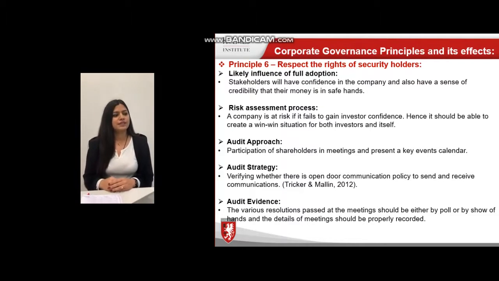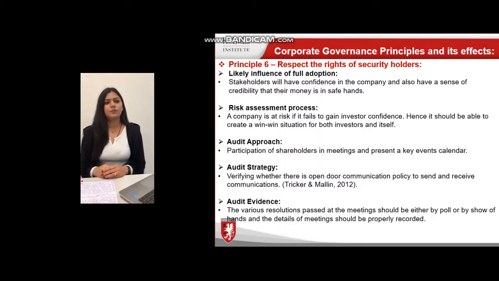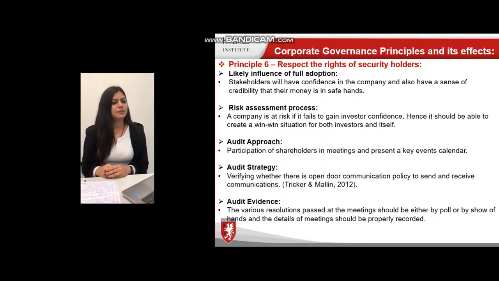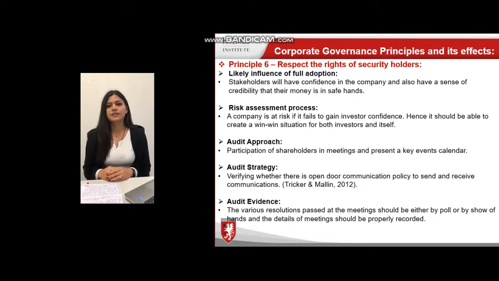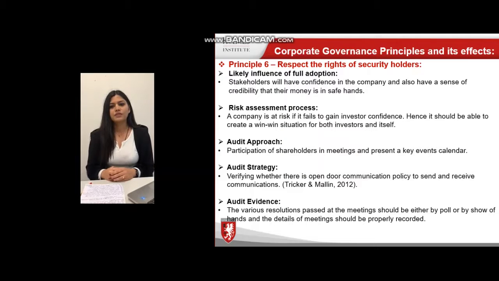I'll be dealing with the 6th and 7th principles of corporate governance, and the 6th one is respect the rights of security holders. The security holders should be provided the appropriate information and facilities to effectively exercise their rights. In adoption of this principle, stakeholders will have confidence in the company that their money is in safe hands. The risk assessment process for this principle is that a company should be able to create a win-win situation for both investors and itself.